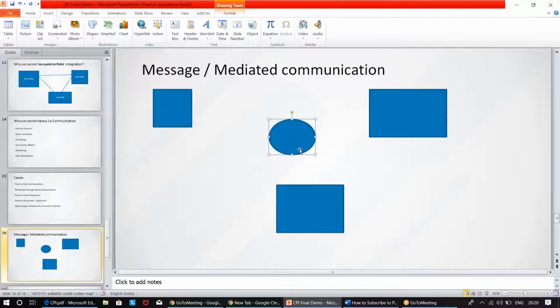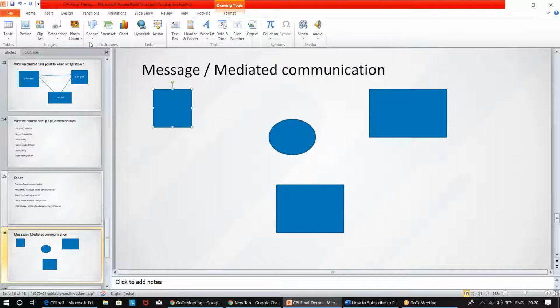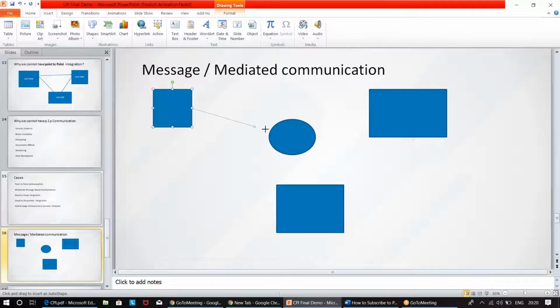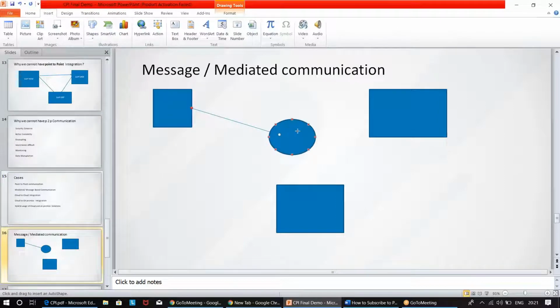So what exactly will this middleware do? The middleware will connect these different systems, and whatever data they were trying to communicate directly between the systems, they will make sure it passes through this middleware. Now let me connect this system, then through this, then through this.